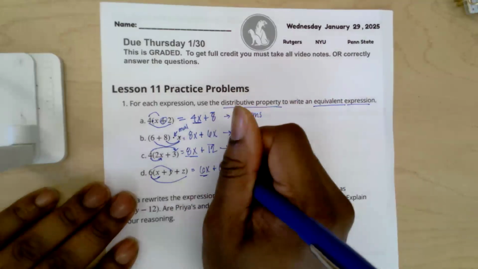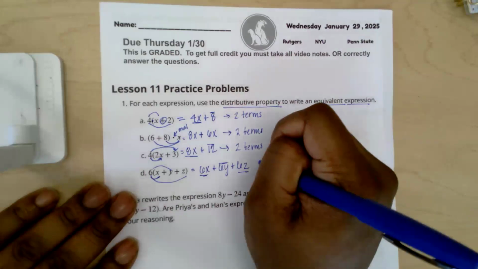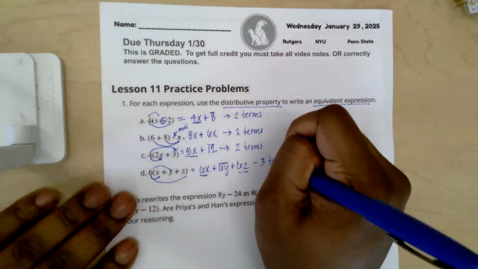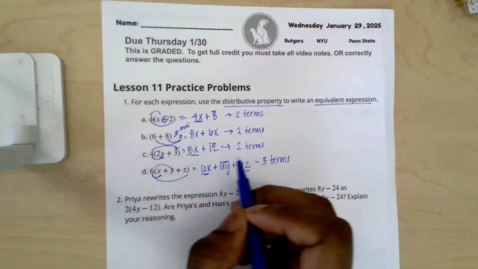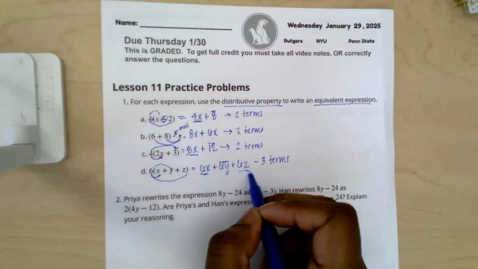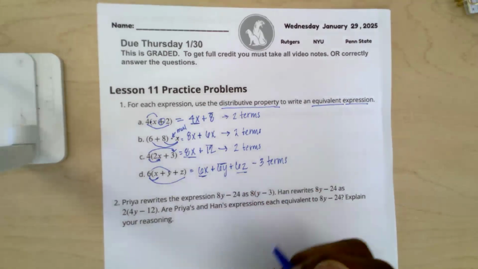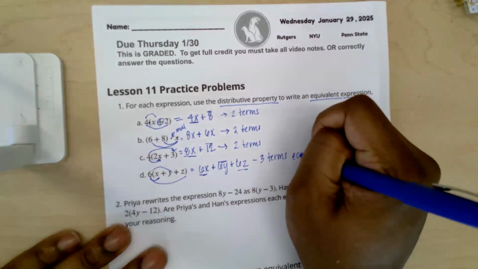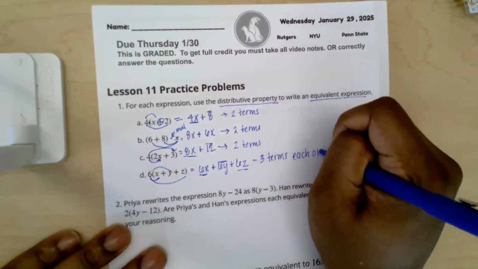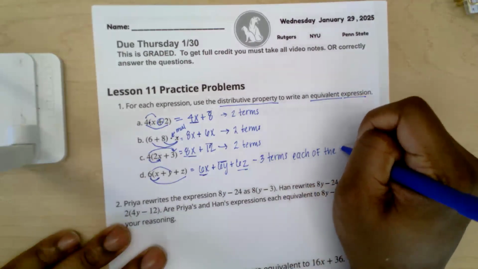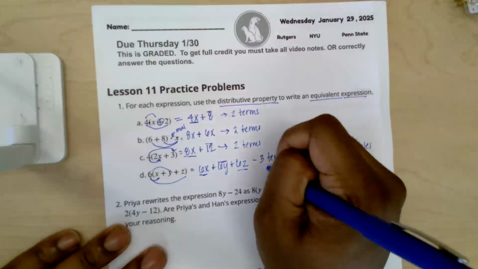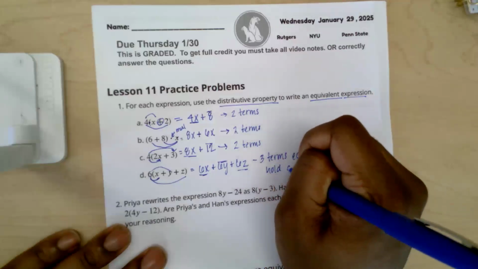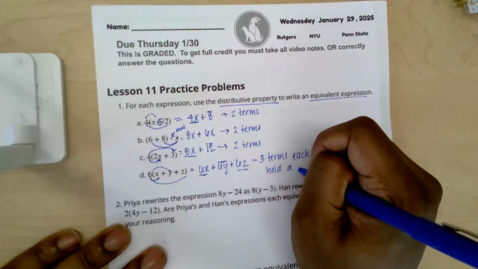This is three terms. 6x is a term, 6y is a term, 6z is a term, because each of the variables holds a different number.